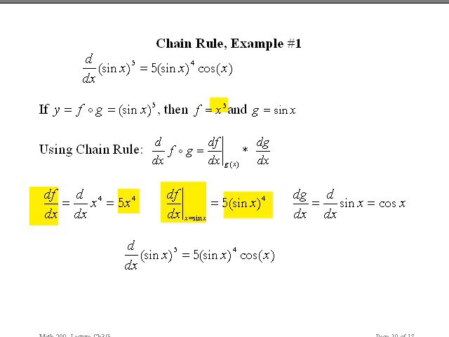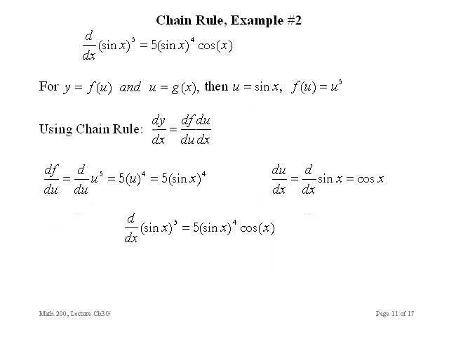Now I need to take the derivative of g of x to get this term, and that ends up being cosine of x. Okay, multiplying all that together, I have 5 sine x raised to the 4th, which is just this term right here. And then for the dg by dx, I have this term.